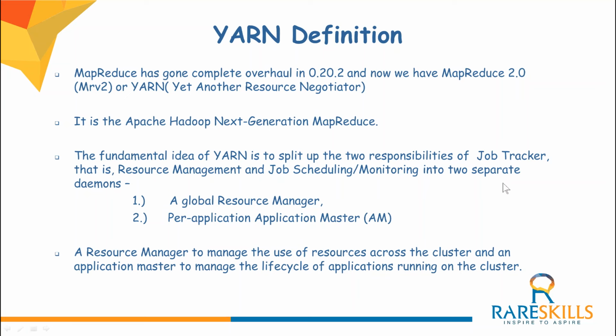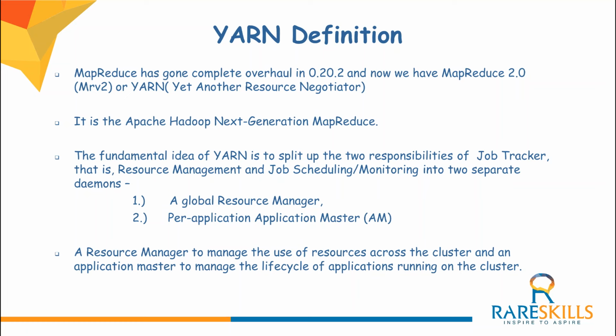Next we'll talk about YARN. YARN consists of two important daemons, called resource manager and node manager. As I said earlier, YARN addresses the shortcomings of MapReduce version 1. The job tracker part of MapReduce version 1 has been split into two daemons. One is called resource manager, which administers resources on the cluster, and the other is application master, which manages applications such as MapReduce.